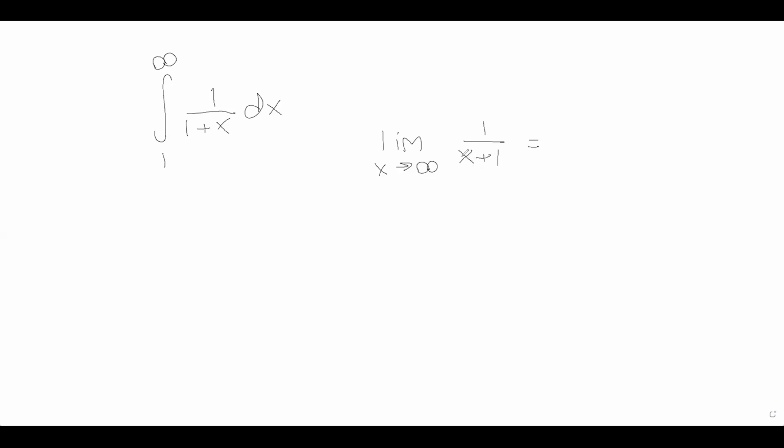If we plug in a 10, we're going to have 1 over 11. If we plug in a 100, we're going to have 1 over 101. If we plug in a million, we're going to have 1 over 1,000,001. So the higher x gets, the less important the 1 becomes. As x gets larger and larger, this thing definitely approaches 0.